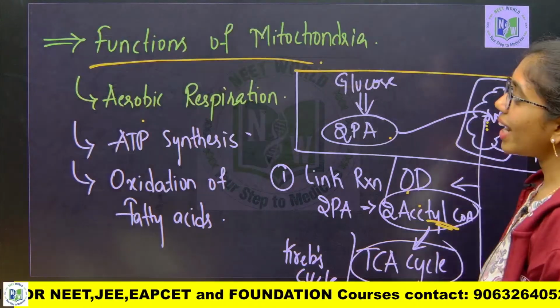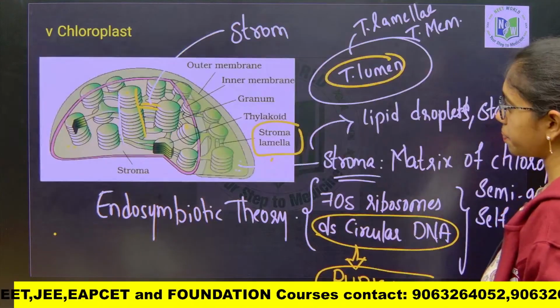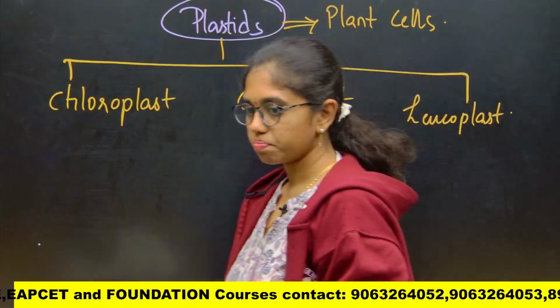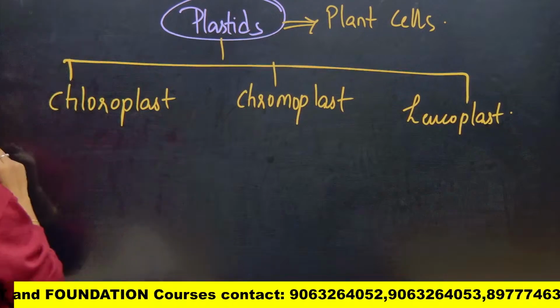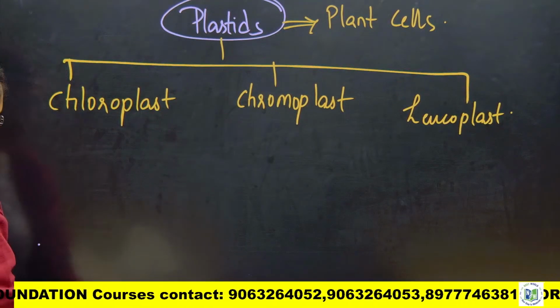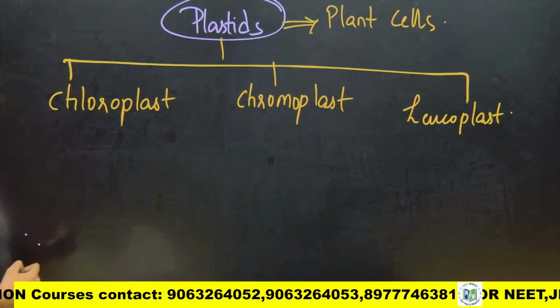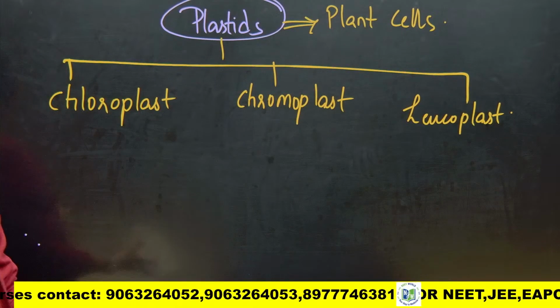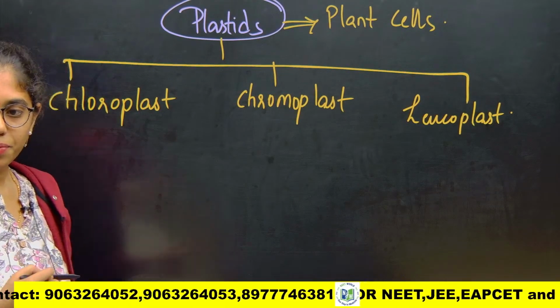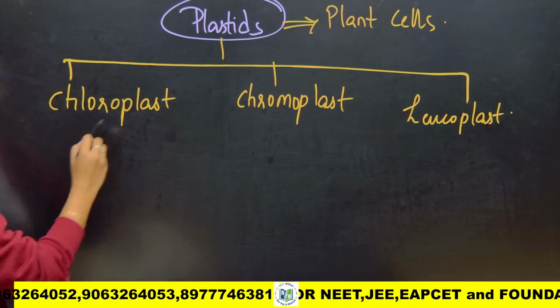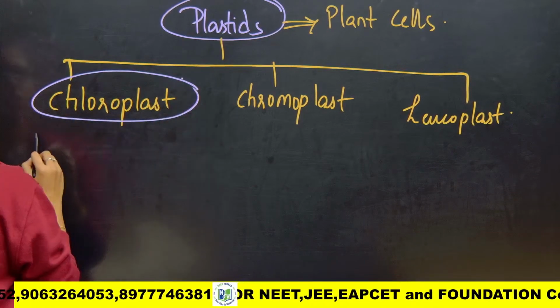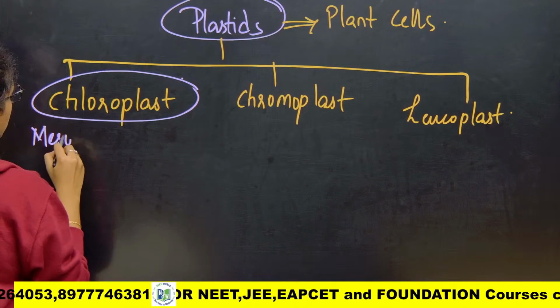Now, where are these chloroplasts present? In the plant cell. What cell? In a plant you have many cells, root cell, mesophyll cell. Not meristem, permanent cells. Chloroplast is present in the leaf cells, those are mesophyll cells.